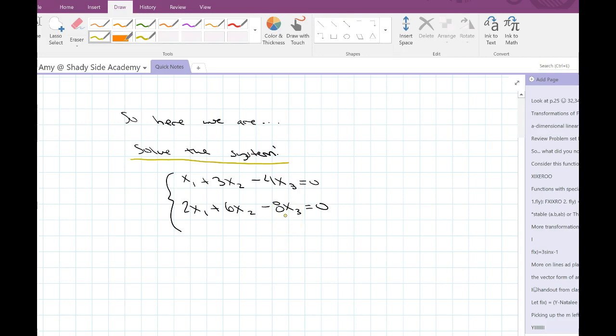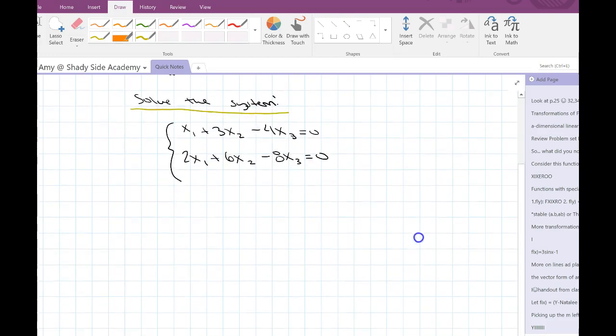And each solution, if written as a vector, will be perpendicular to both the vector 1, 3, negative 4 and 2, 6, negative 8. So I'm just going to work this out here with you all.